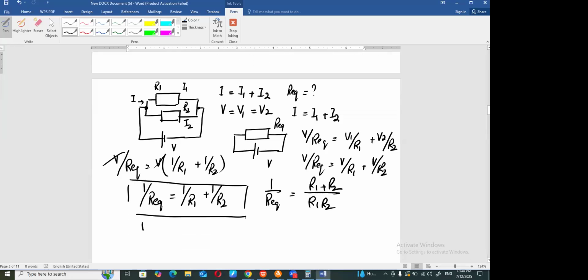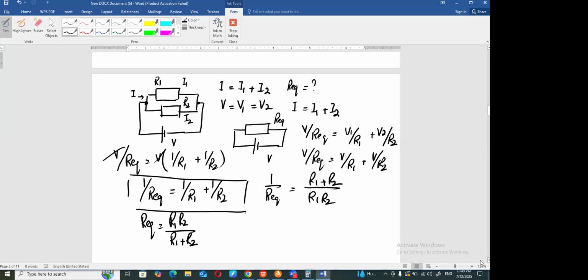So R equivalent is R1 into R2 divided by R1 plus R2. So in a parallel circuit, you will have that equivalent resistance. Let's solve one question, then you will understand it.